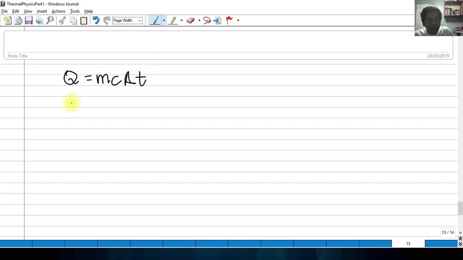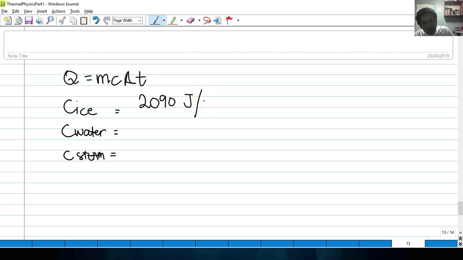Wherein if we're going to define what C is, that is the specific heat, let's say the specific heat of ice, specific heat of water, and specific heat of steam. So these are the important specific heats that we should know. For the specific heat of ice, we have 2090 joules per kilogram degree Celsius.